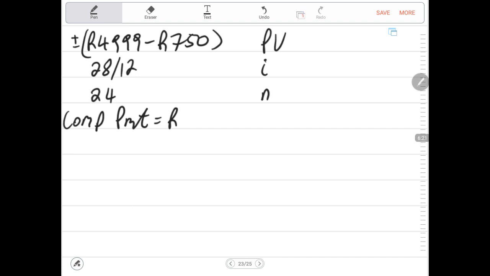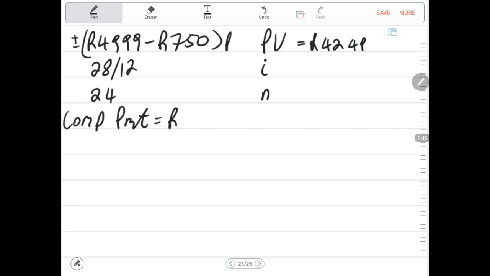4,999 minus 750 is our present value. We get 4,249.